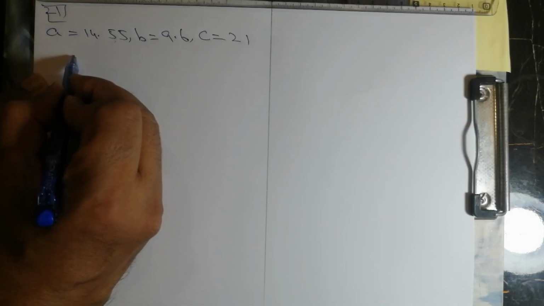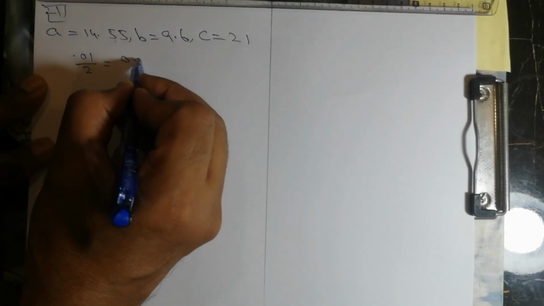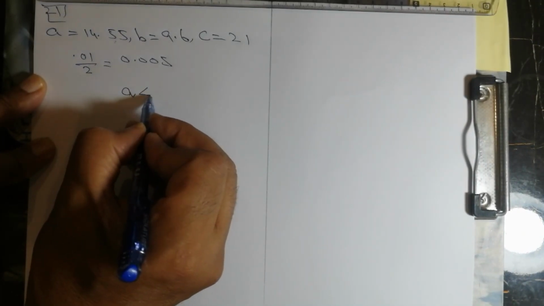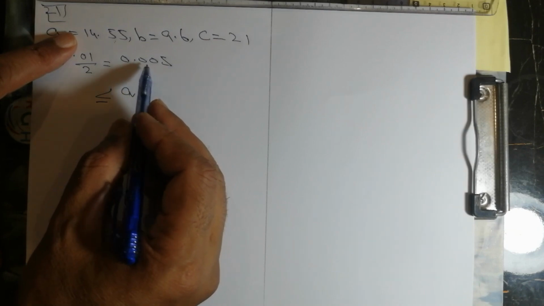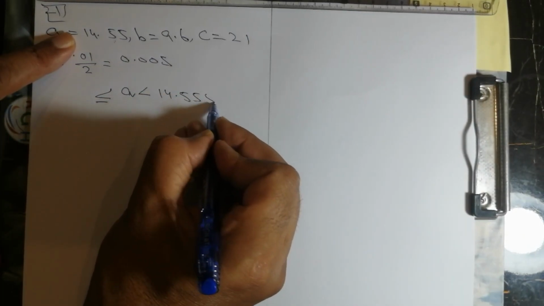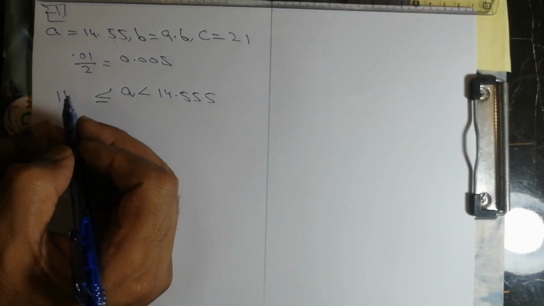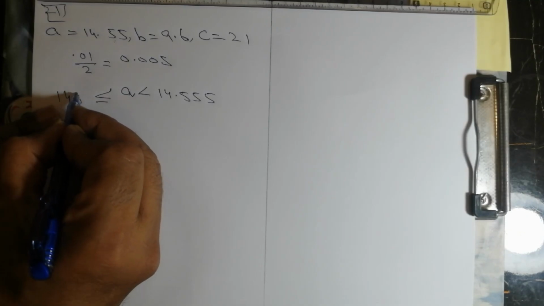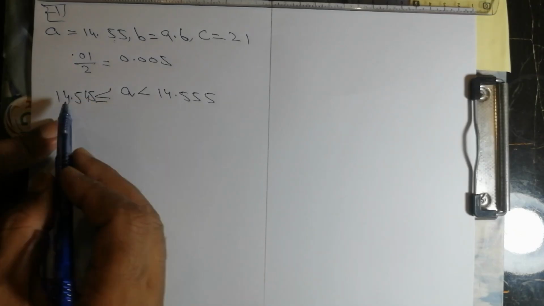So 2 decimal places mean 0.01 divided by 2, which gives 0.005. Now for the upper bound of A, we add this value to 14.55, that is 14.555, and when we subtract it, this will be 14.545. So these are the upper bound and lower bound of A.